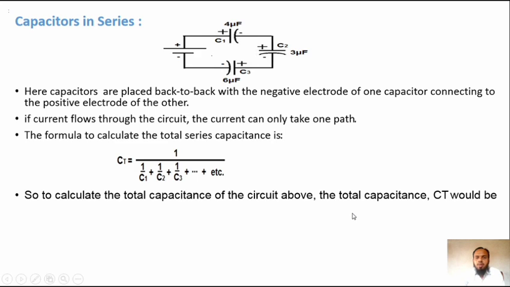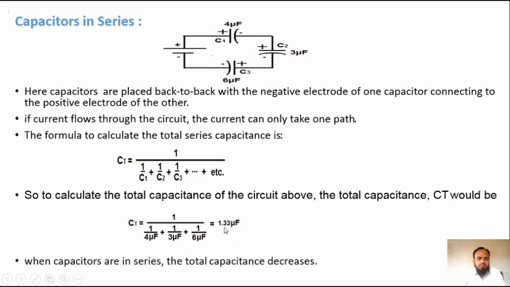The total capacitance CT would be, here the formula is 1 divided by 1 by 4 microfarad plus 1 by 3 microfarad plus 1 by 6 microfarad is equal to 1.33 microfarad. When capacitors are in series, the total capacitance decreases.